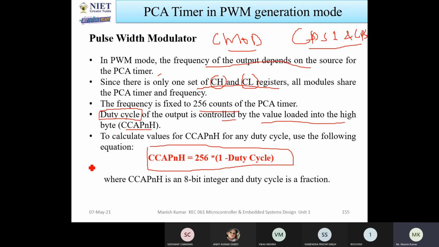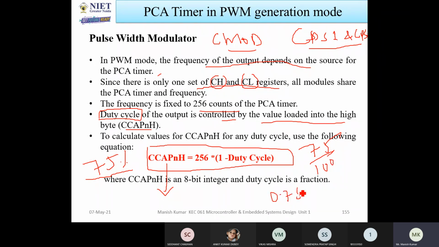Okay, so let us consider we are talking about a 75% duty cycle. Let us consider I am going to generate a waveform of 75% duty cycle. So in that case, what is the value of CCAPnH? Calculate and tell me that. So 75% duty cycle means 75 divided by 100, so this will become 0.75.